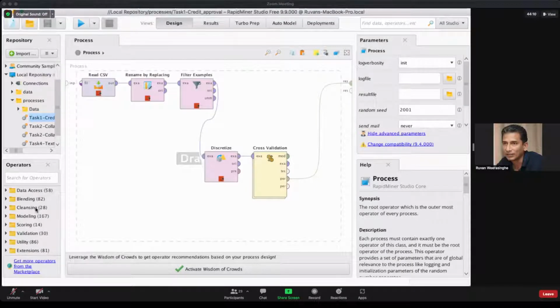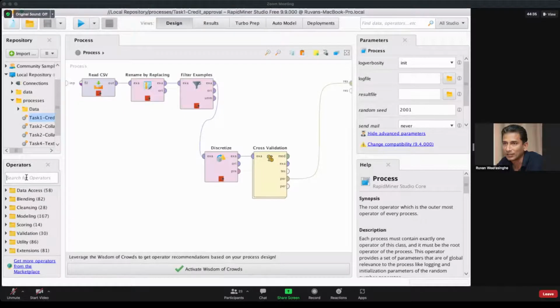These are all like a puzzle, and each of these components are given here. So you may say, wow, for data access there are 58. For blending, what is that? You don't need to know. But modeling, 167. So obviously there are lots of algorithms, but you don't have to know all that.